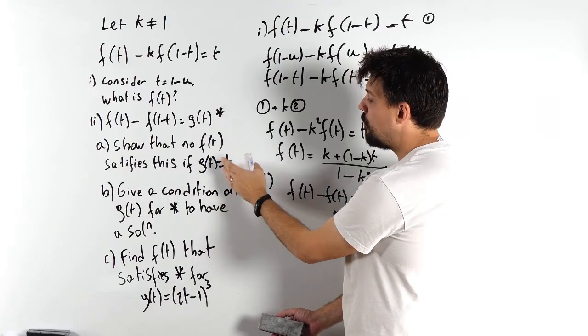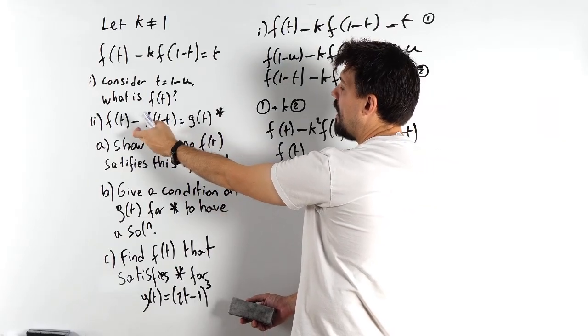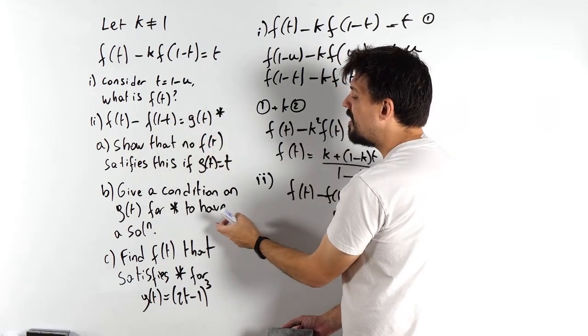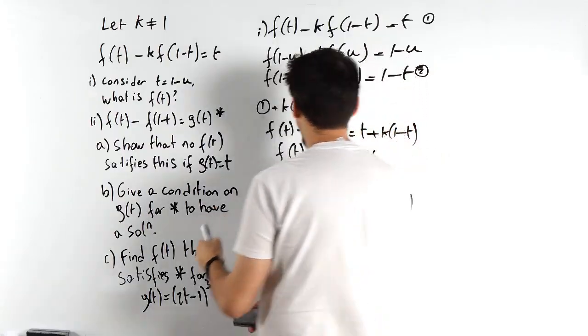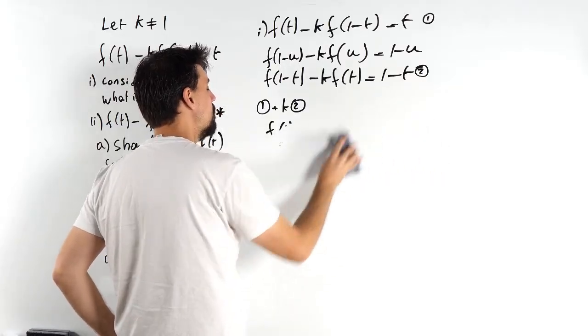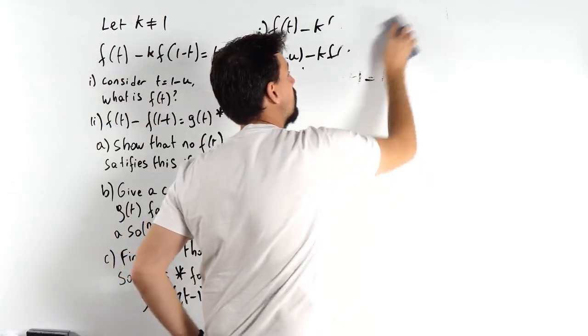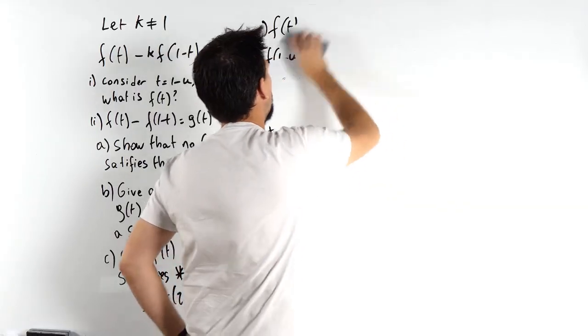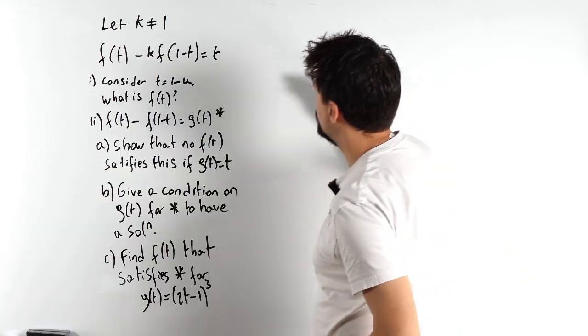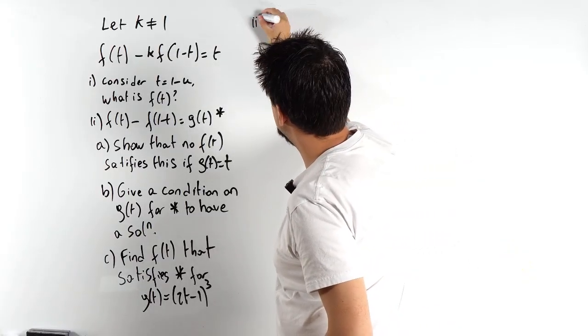All right, so we know that when k is 1, t on the right-hand side doesn't work. So can we find a condition on g of t for this to work? All right, I'm going to take the board back over here. And let's see what happens here. So this is part 2.